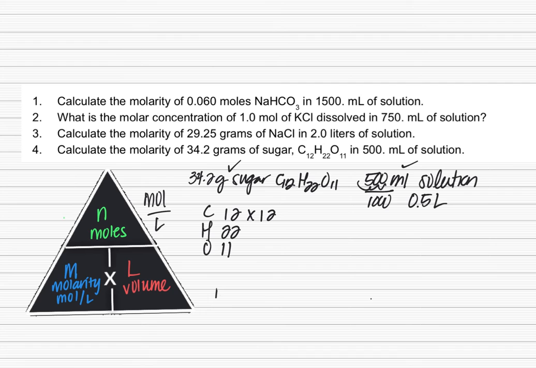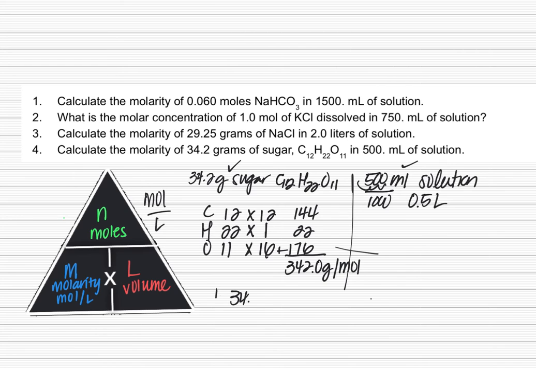Carbon has a weight of 12, hydrogen has a weight of 1, and oxygen has a weight of 16. So if we multiply these across, we would have 144, 22, and then oxygen would be 176. If we add those all up, we are going to have 342 grams per mole.